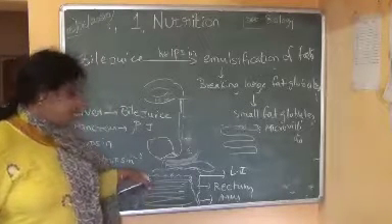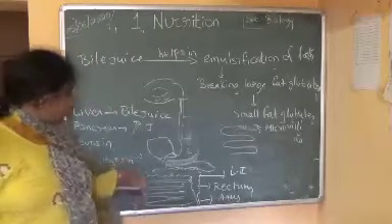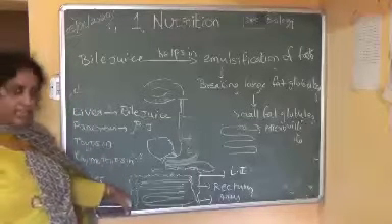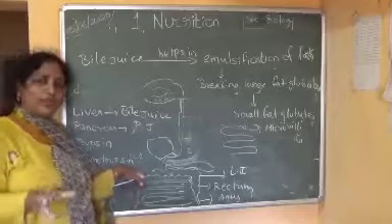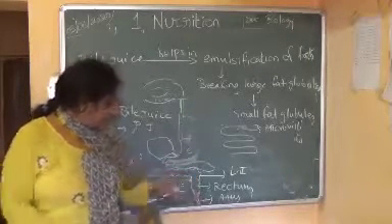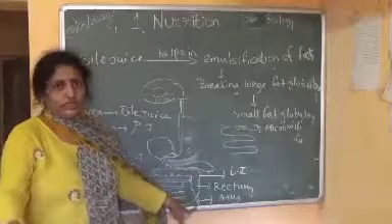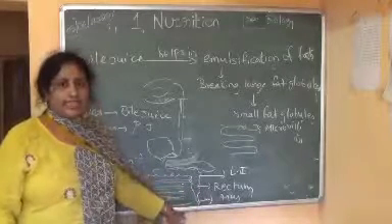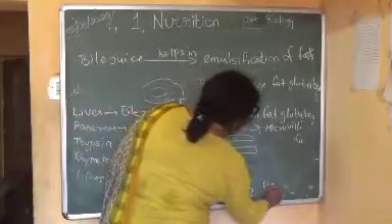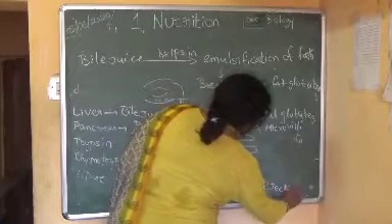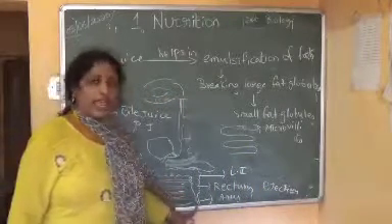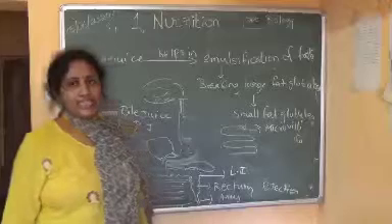The undigested food from the small intestine will be taken by the large intestine, any water there will be absorbed, and it is sent to the rectum and out through the anus. This process of sending out the undigested food through the anus is called egestion.